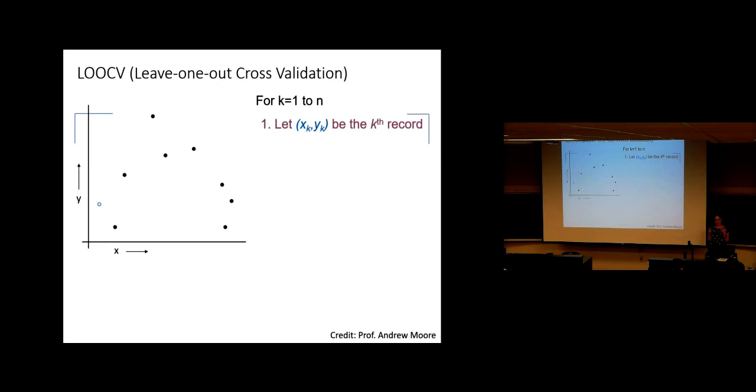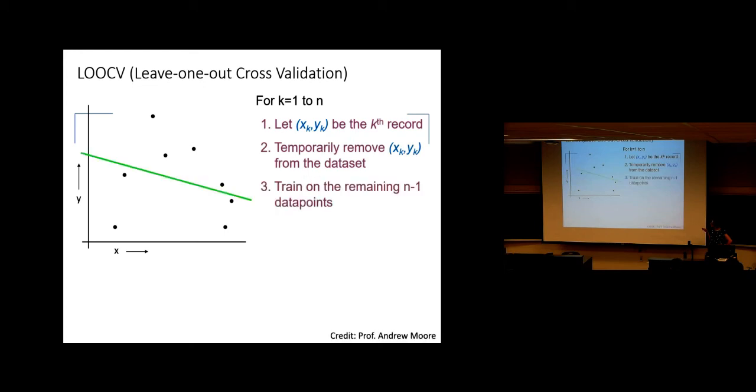All right, so let's use leave-1-out cross-validation on our smaller data. We remove this point and train a linear model, and then we evaluate the test error on that just-trained model.